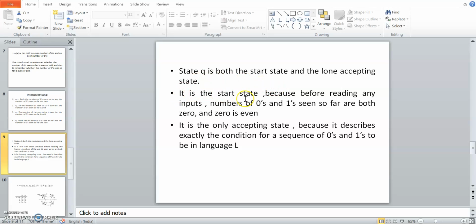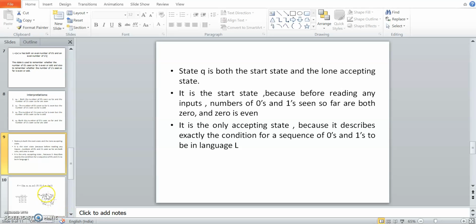It is the start state because before reading any input, number of zeros and the number of ones seen so far both are 0 and 0 is even. It is the only accepting state because it describes exactly the condition for a sequence of zeros and ones to be in the language. That means the number of zeros is even and number of ones is even.